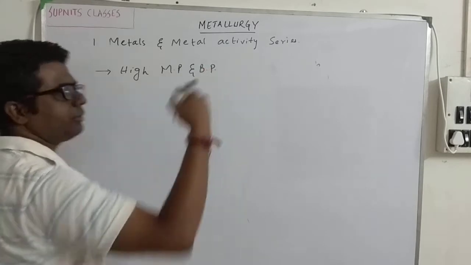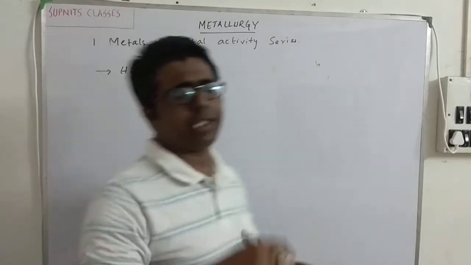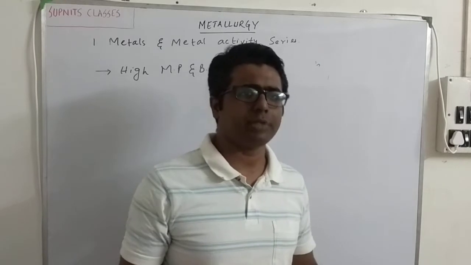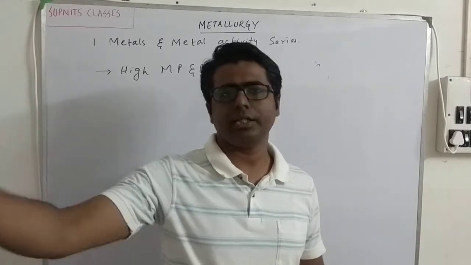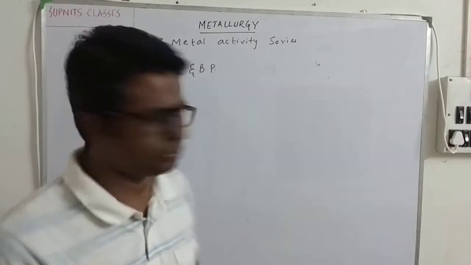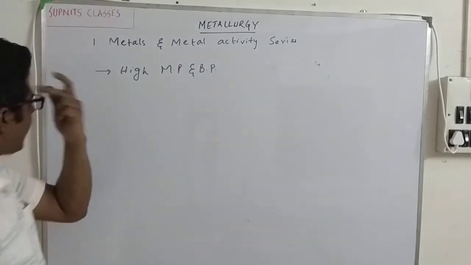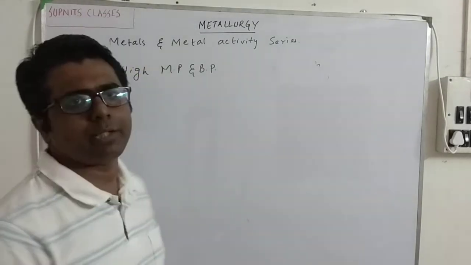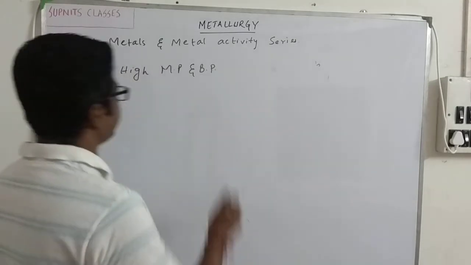We are all talking about metals right now, but I am putting in the non-metal part of it. As in the alloys case you have seen, metals form alloys, but the exception is that there are two non-metals which form alloys also. Here there is high melting point and boiling point. Normally all metals will have high melting point and boiling point, except there are some exceptions.